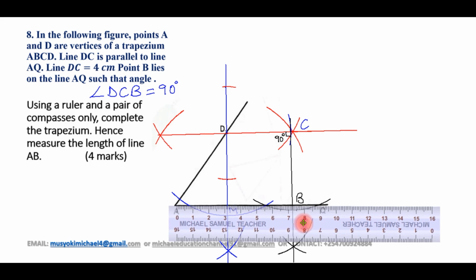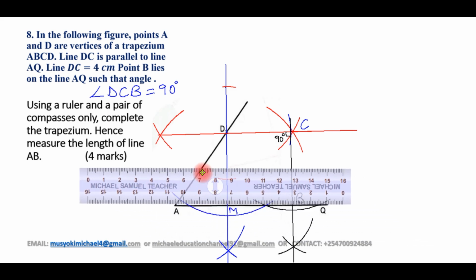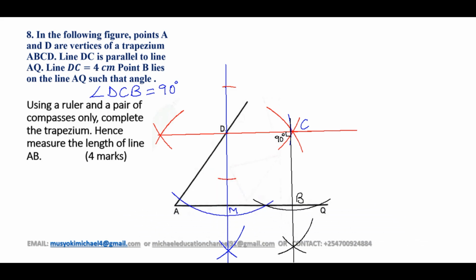So that is 7.2, 7.2. So AB is equal to 7.2 centimeters. So the steps in doing the construction is very important, and that is actually what is expected.